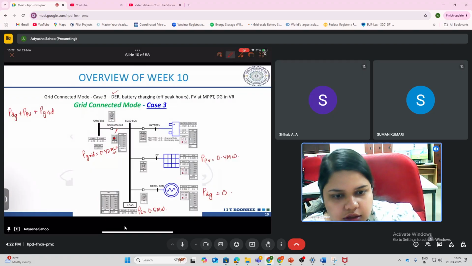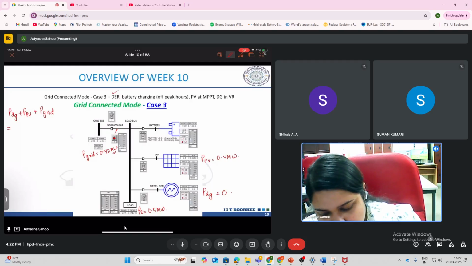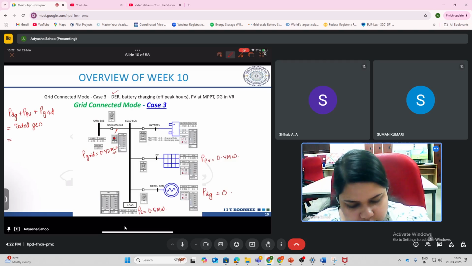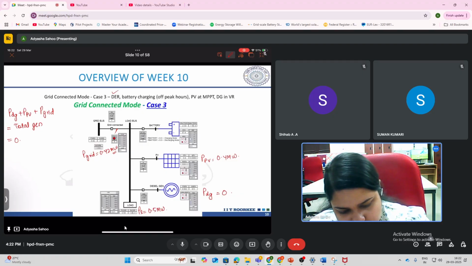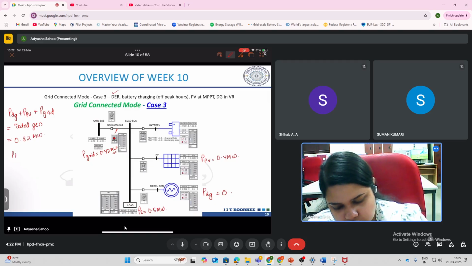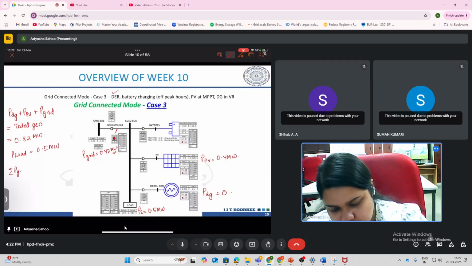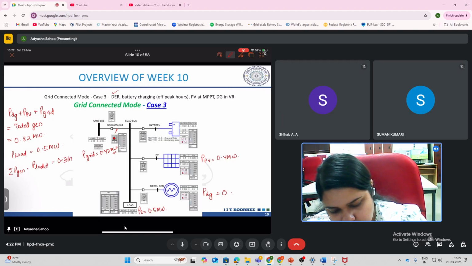These are your generating sources, so this will give you the total generation. How much is it? Right, 0.82, right? Now what is the load? It is 0.5 megawatt. Now what is the difference? Summation P gen minus P load is coming to be positive 0.32 megawatt.